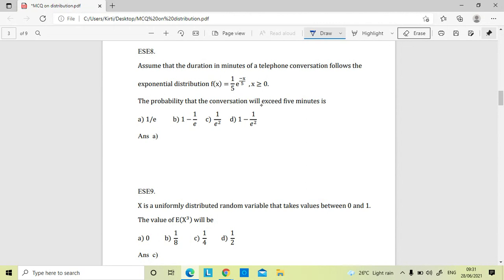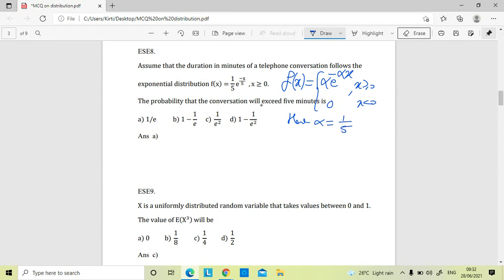For the exponential distribution, we have f of x is equal to alpha e raised to power minus alpha x. Now just compare this and find out alpha. So here alpha is equal to 1 by 5.